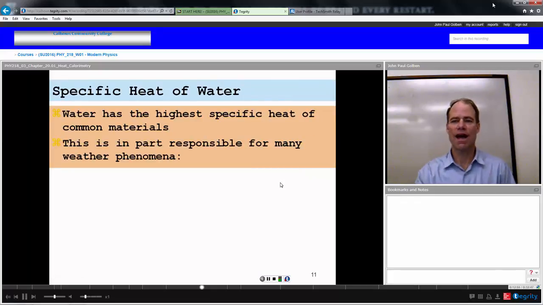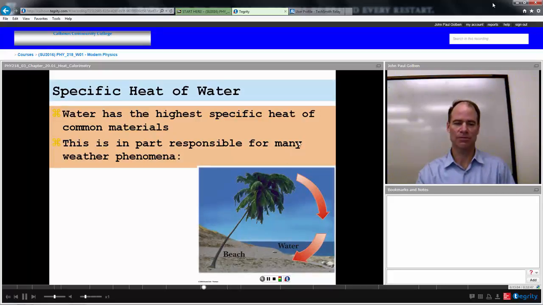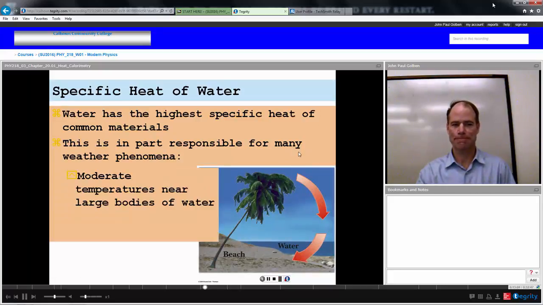Water has the highest specific heat of common materials, and this is partly responsible for many things we see in nature, many weather phenomena. For instance, water near the ocean, near the beach, is responsible for maintaining a moderate temperature in those climates, because the water has a large specific heat.